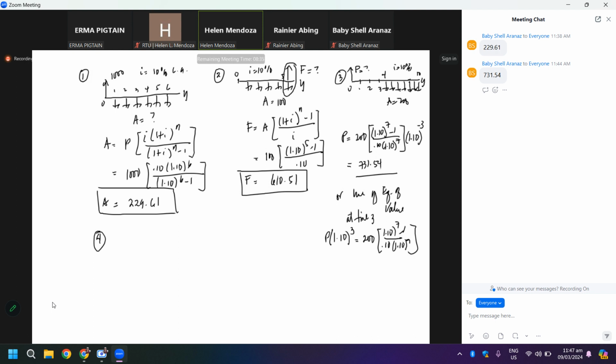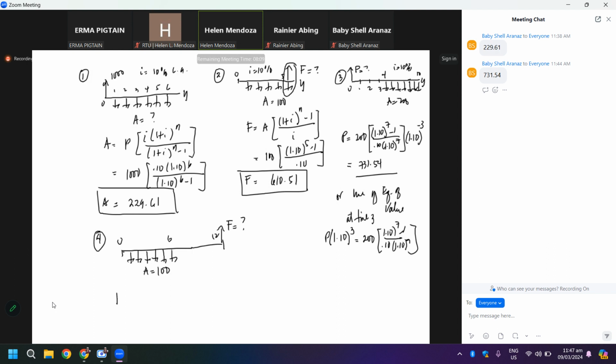Pwede pong ganon. So let us try isa pa. Supposing, meron kang 1, 2, 3, 4, 5, 6. Then, hinahanap mo yung nasa time 12. So, kung naalala po yung kanina, supposing this is 100 also.